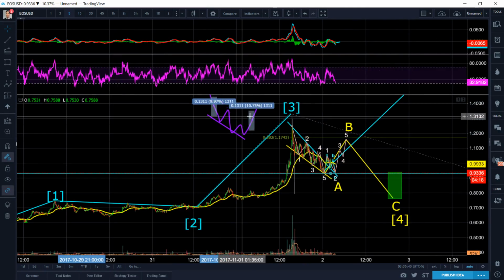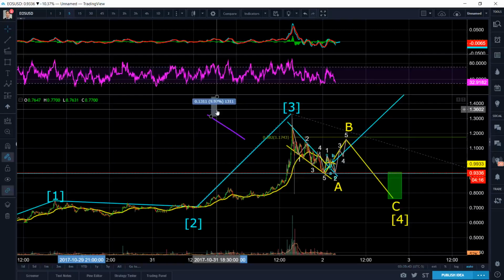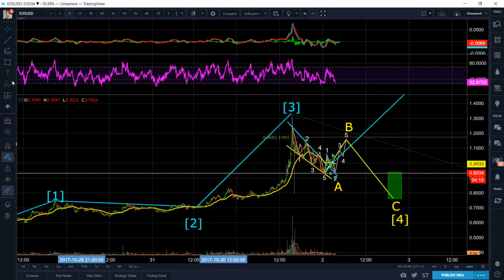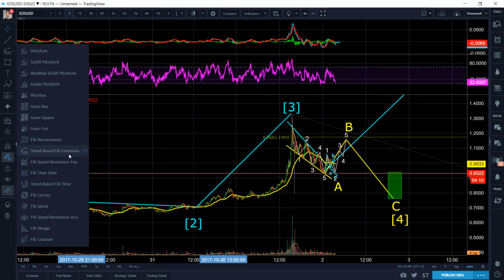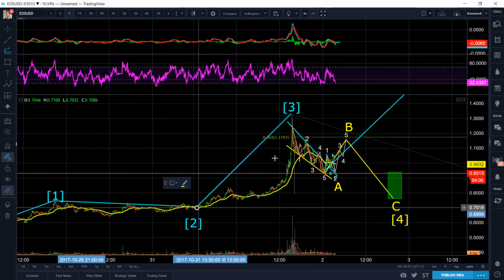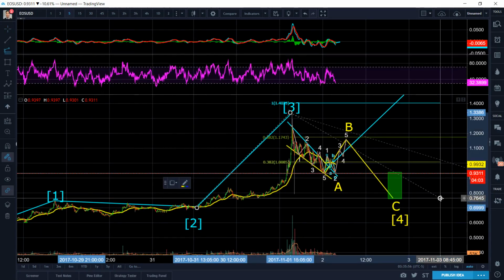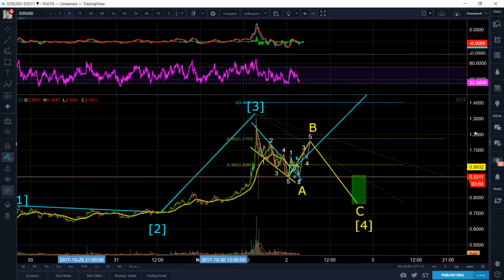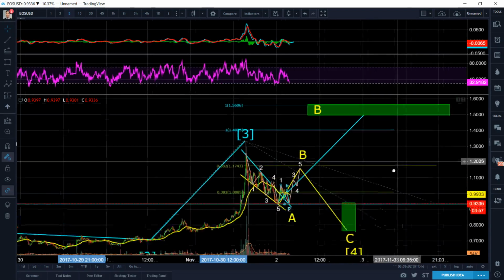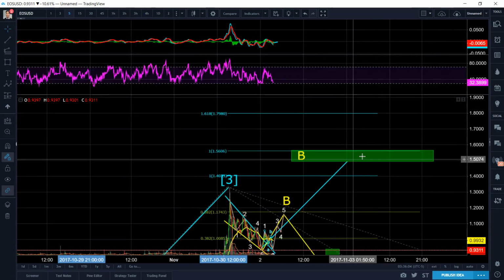Now we're going to try to find our long-term targets using the same Fibonacci extensions. I might have done that already actually, but I'm going to do it again quickly. So from 2 to 3, just like that. Okay, so from 2 to 3, if it went down there, our first target will be a 1-to-1 Fibonacci level right there.